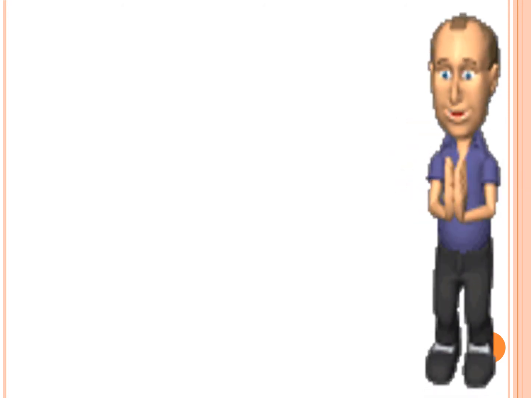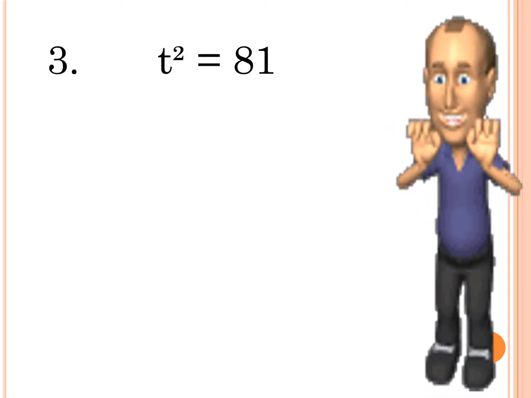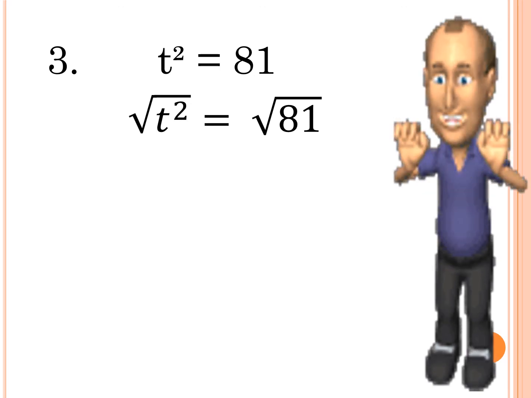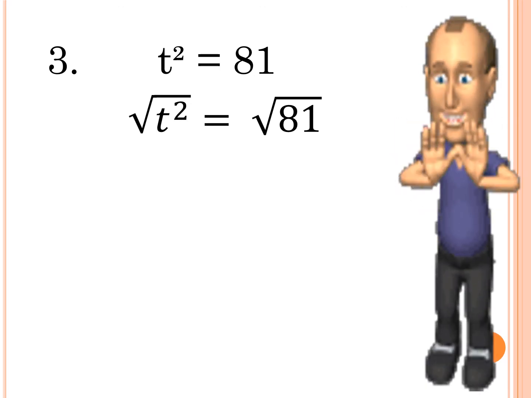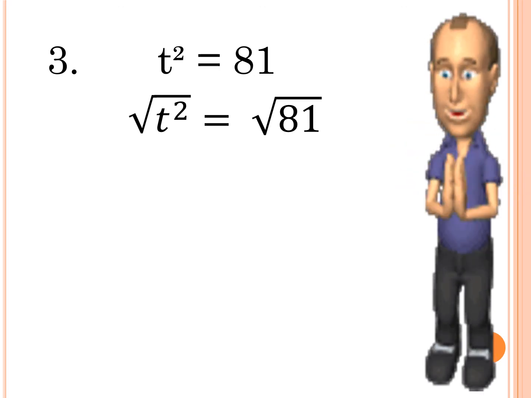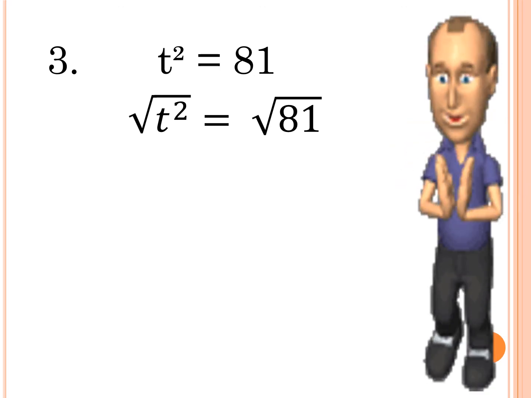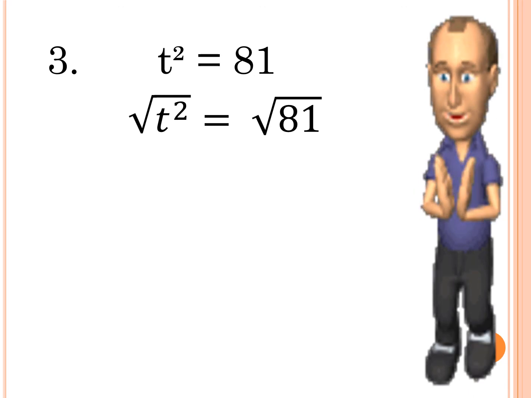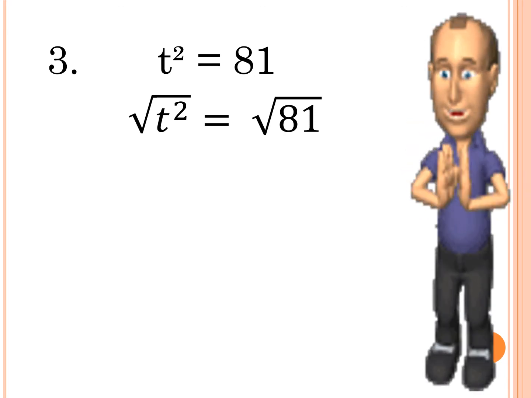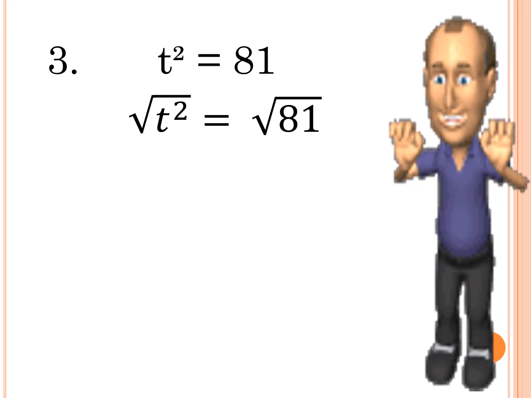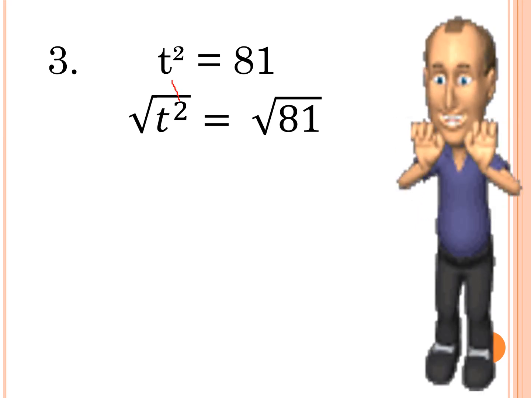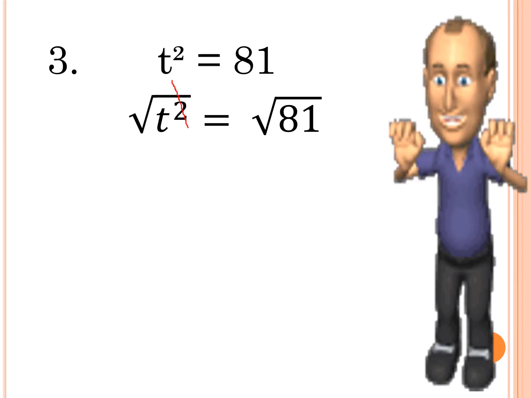Okay, number 3 example. t squared is equal to 81. So, by extracting square root, we write the square root sign on both sides. So, it becomes square root of t squared is equal to square root of 81. And we cancel the square root sign and squared.